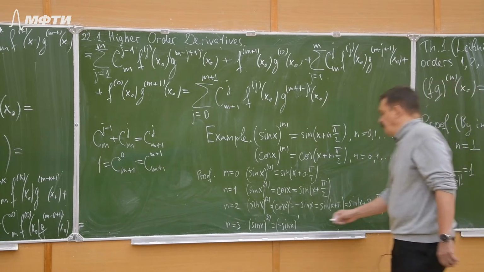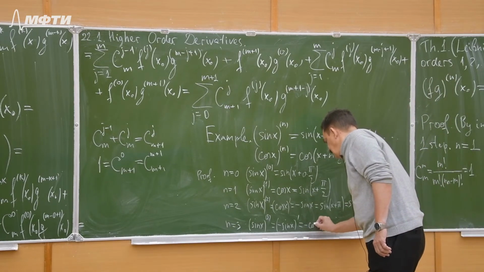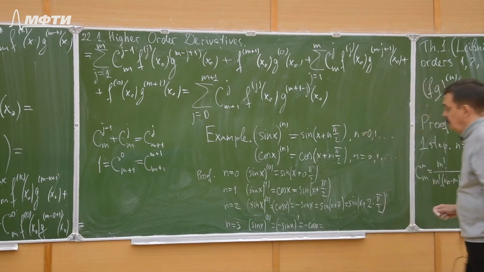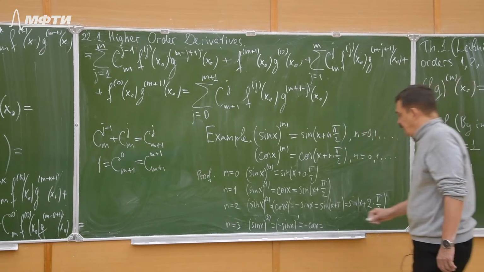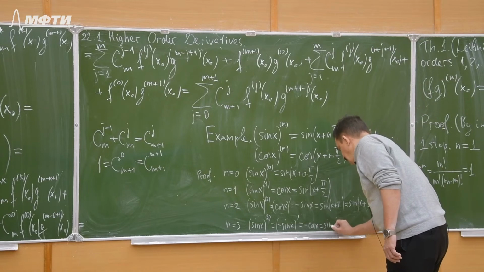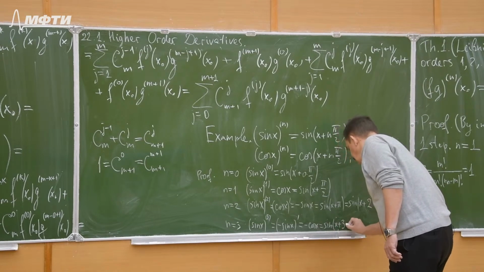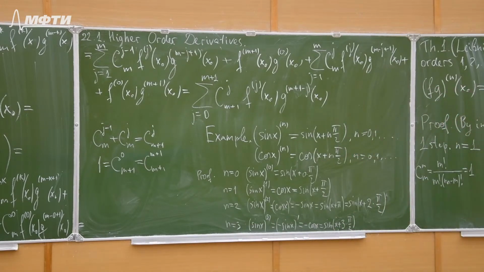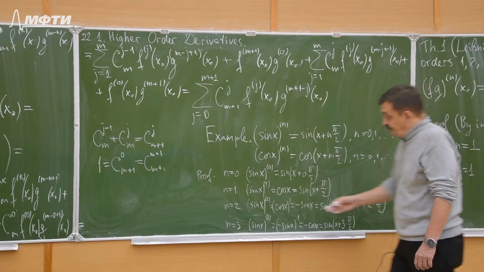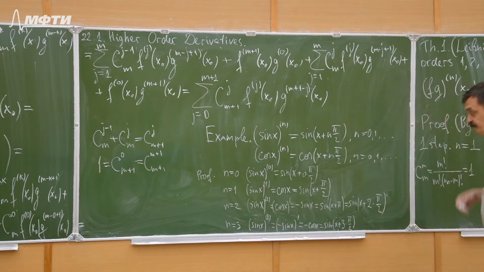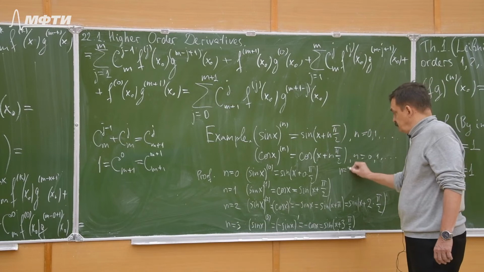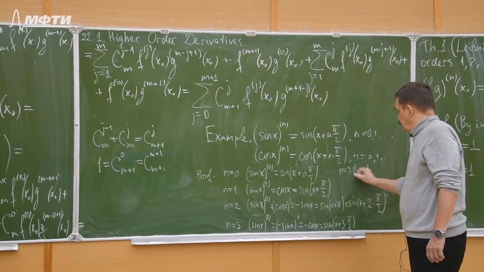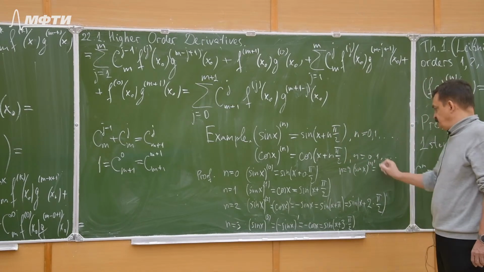The derivative of minus sine is minus cosine x, and we can replace it by sine of x plus 3 times pi over 2, again by trigonometric formulas. And what's after? The fourth derivative will give back sine x. The fourth derivative is the derivative of minus cosine.